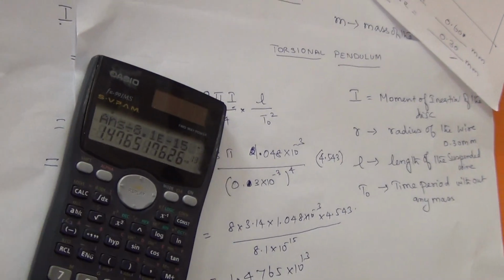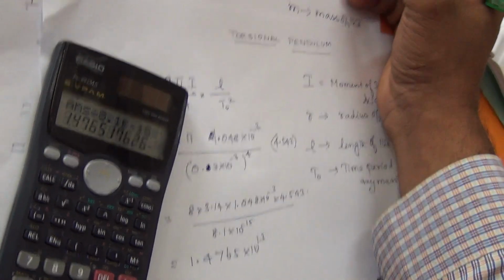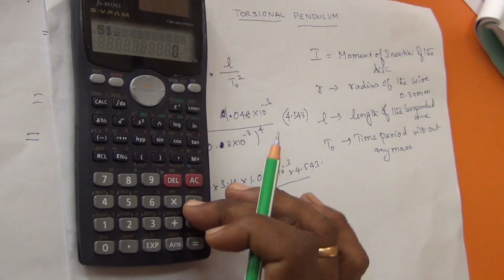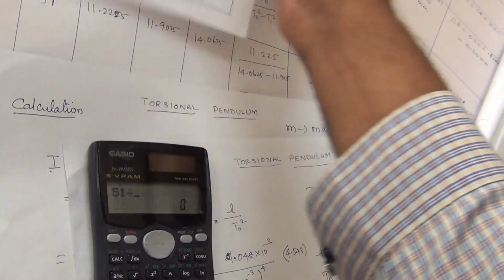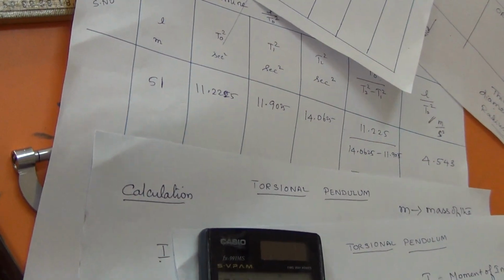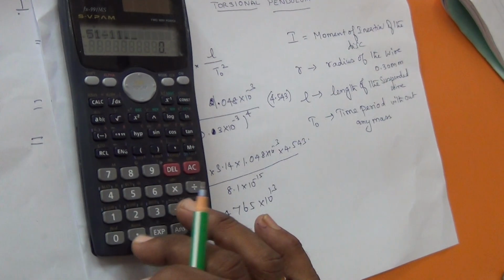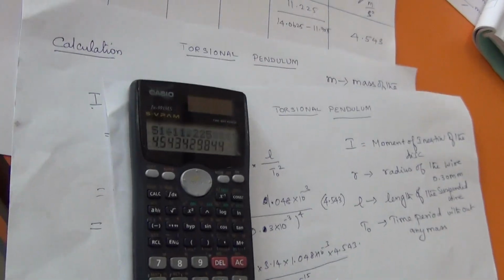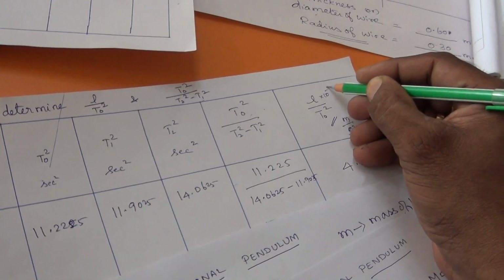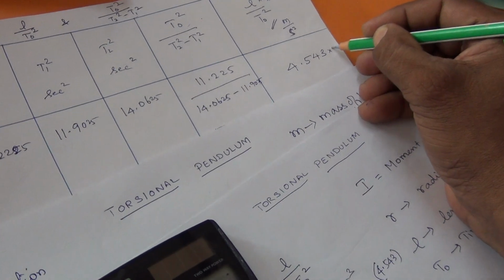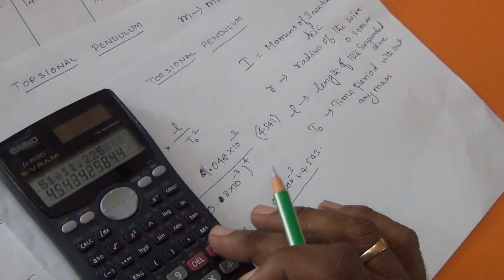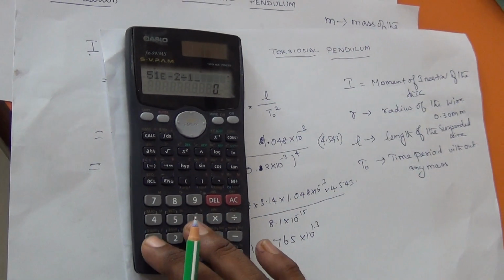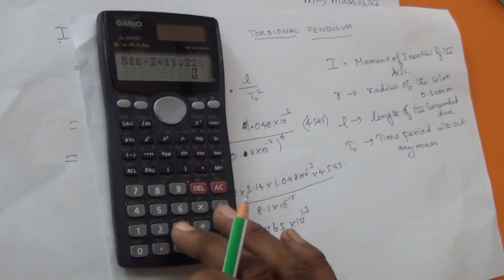But what we have done is we have taken L by T naught square. L is 51, which is in centimeter, so 51 divided by 11.225. So length we have to put in 10 power minus 2. If you put that, this will become 10 power minus 2, or even here itself you can take it as minus 2 divided by 11.225.